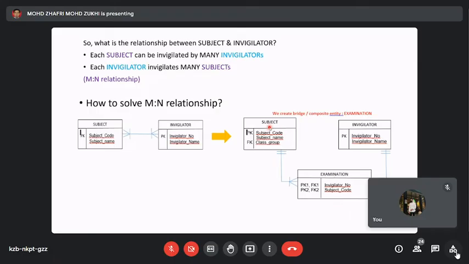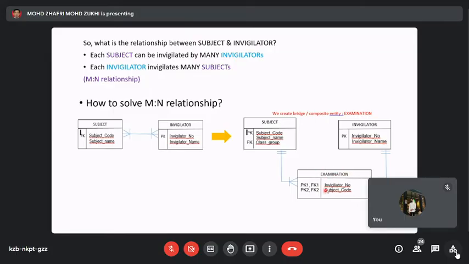Subject code will be the primary key, then subject name, and class group can also be a foreign key. We'll take a look in detail in the next question. And then invigilator has invigilator number as primary key and invigilator name. So the bridge table is examinations.